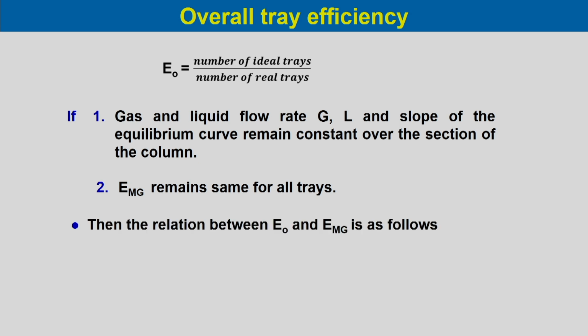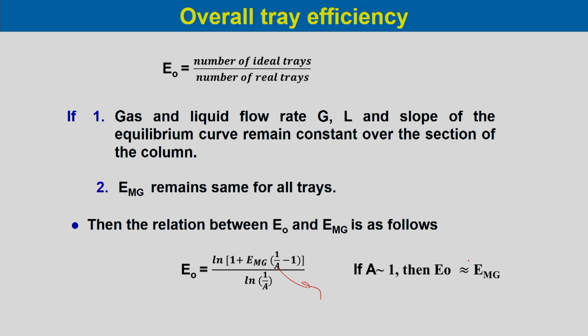Then the relation between E_O and E_MG is as follows: E_O would be equal to ln[1 plus E_MG into (1 by A minus 1)] divided by ln(1 by A). Here if A tends to 1, then E_O would be approximately equal to E_MG.